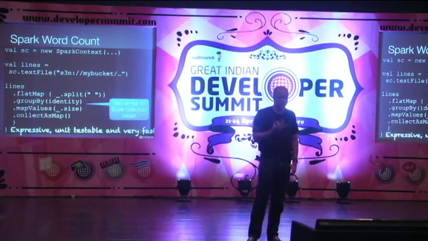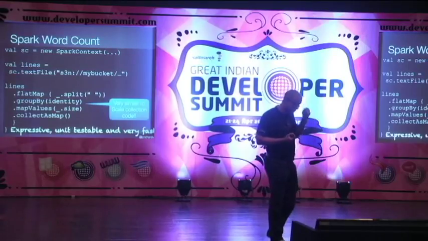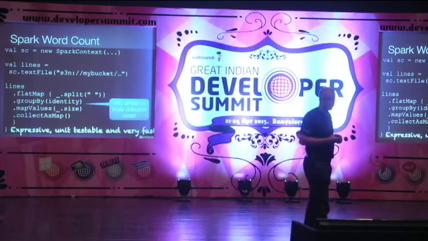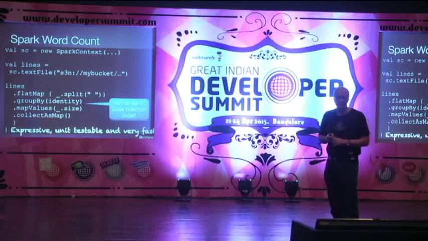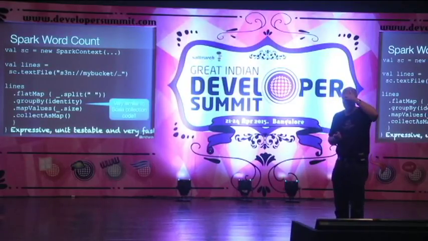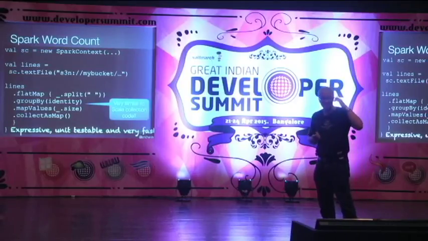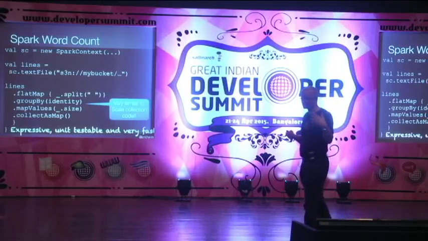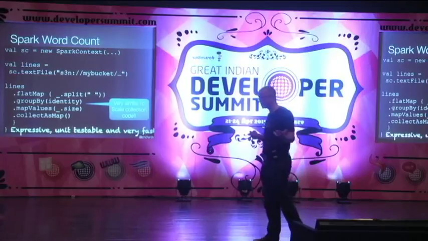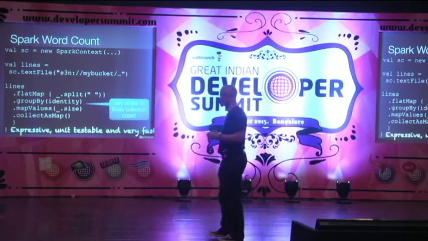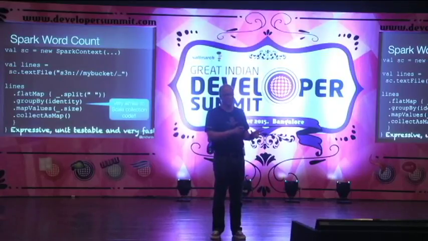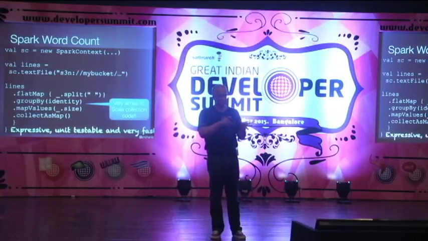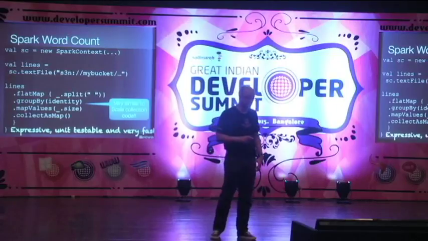So here's the Spark version of word count. So you read in a file. That gives you an RDD of lines. You flat map over it, turning the lines into words. Then you do a group by and a map values, and then you do a collect as map to turn the RDD back into a regular collection. But that code is basically identical to the Scala code.